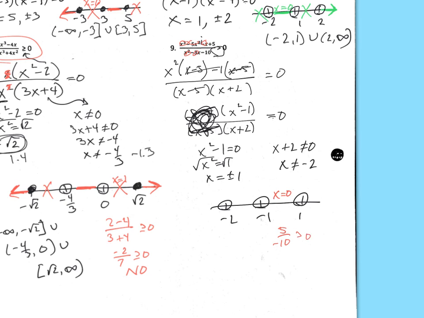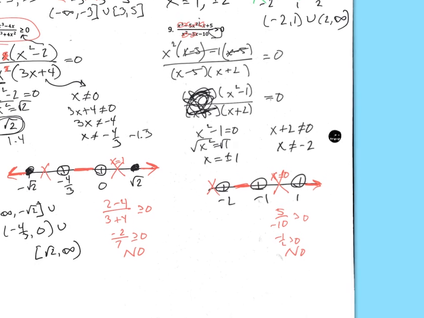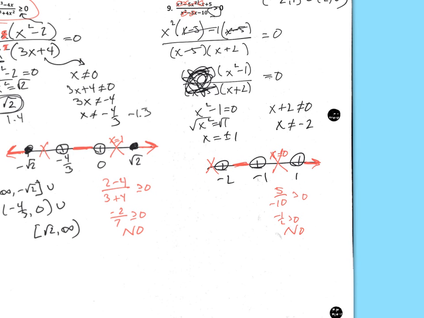Is that greater than 0? -1/2? No. A negative number is not bigger than 0, so that's a no. Yes, yes, no. And then, of course, your answer. So we have -2 to -1, and then that gets joined with 1 to infinity.